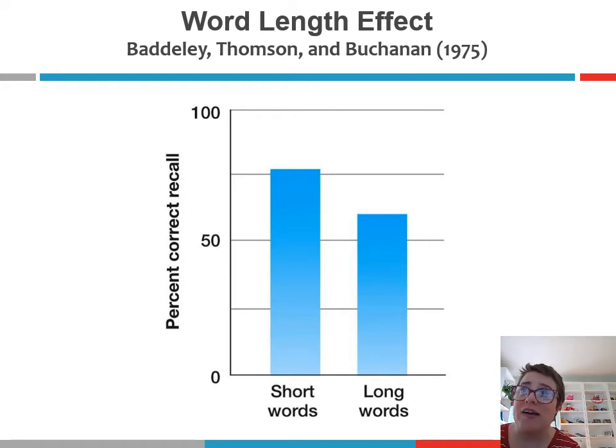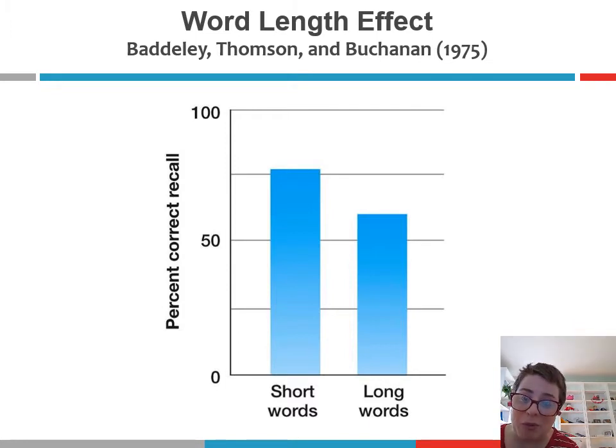Well, it's because verbal rehearsal for longer items takes longer in real life, okay, than verbal rehearsal for short items, right? So because short items or short words can be rehearsed rapidly, more short words are going to be maintained in your working memory, right?